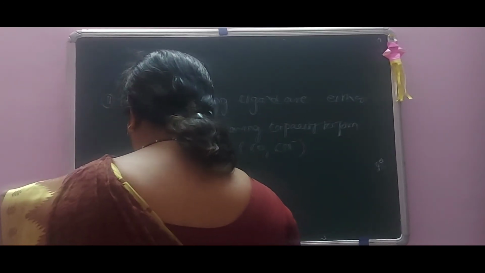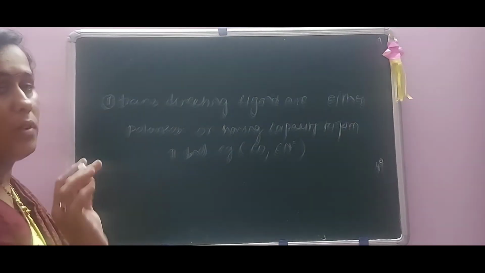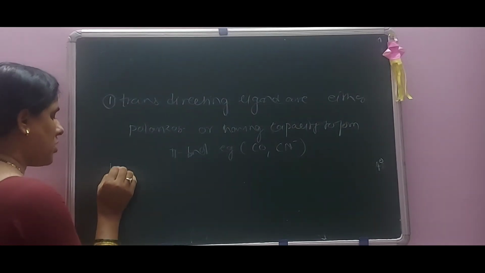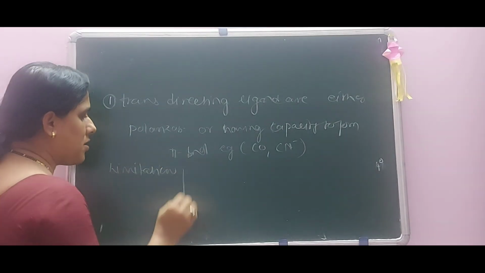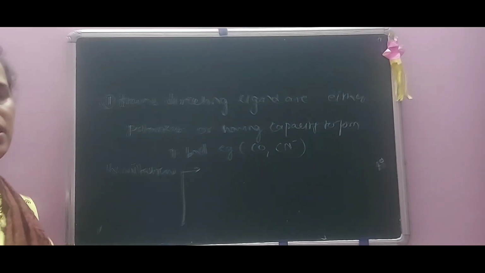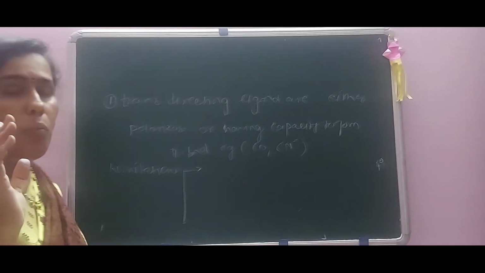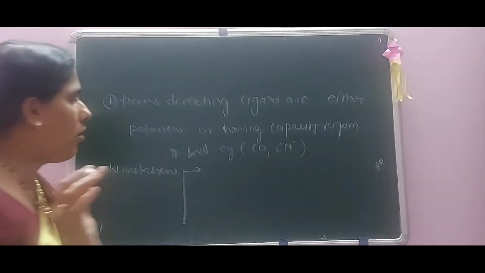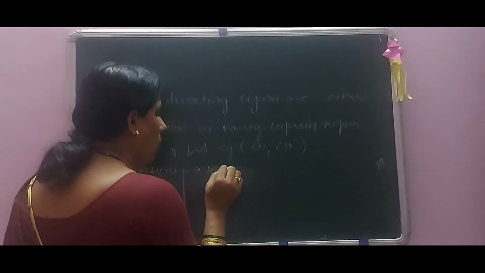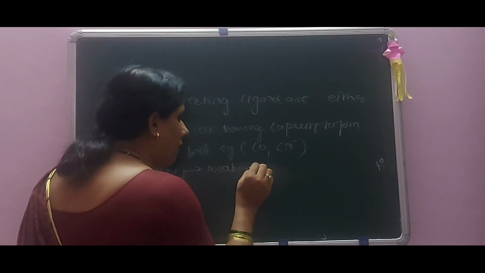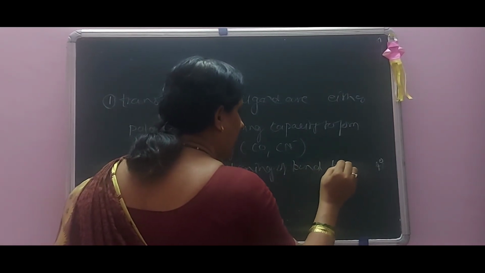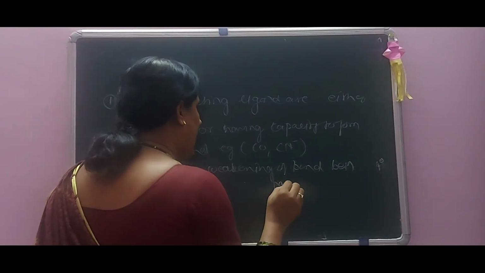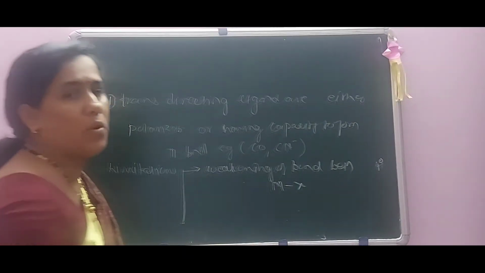Now, this theory has some limitations also. These are the advantages, now the limitations. This theory only explains the weakening of the bond between M and X, that is the leaving bond.